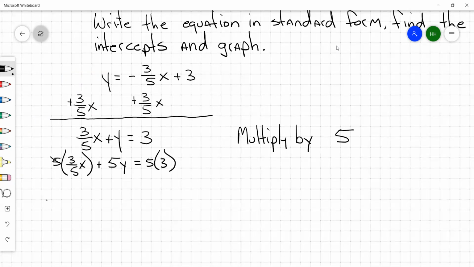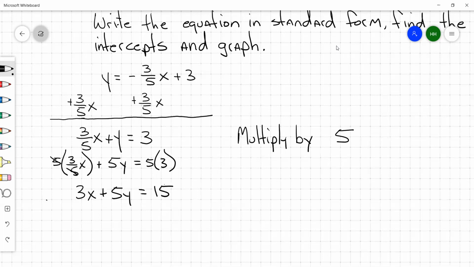So these 5's cancel. 3x plus 5y equals 15. Now you're in standard form. That was the first part of the directions. Second part of the directions, find the intercepts.